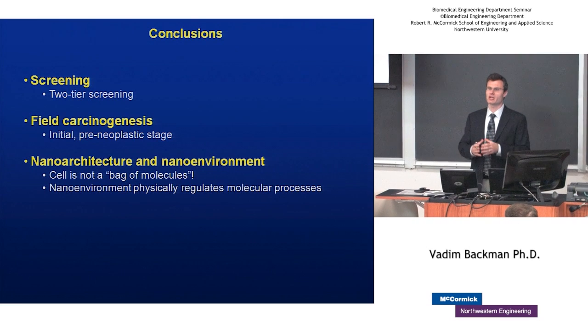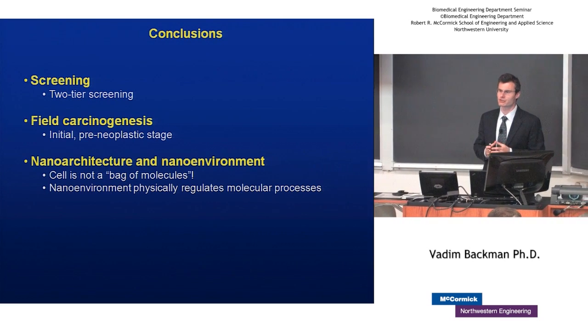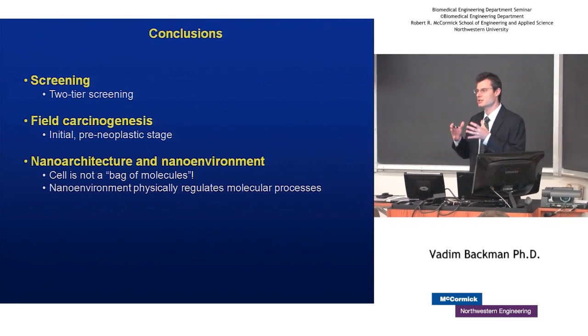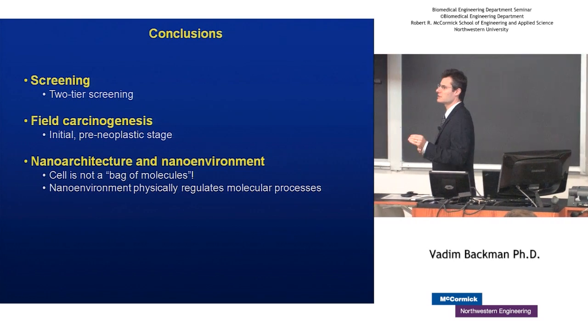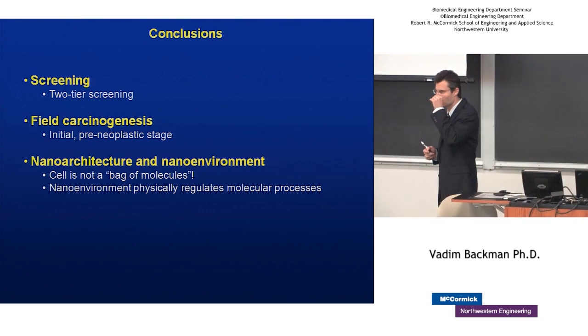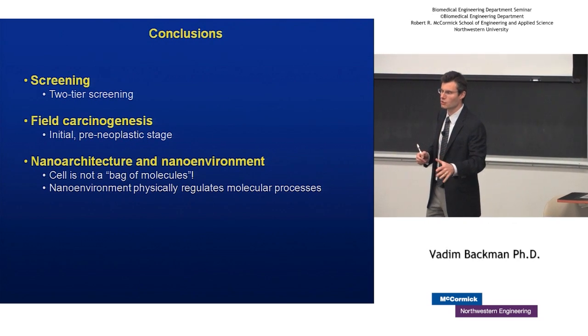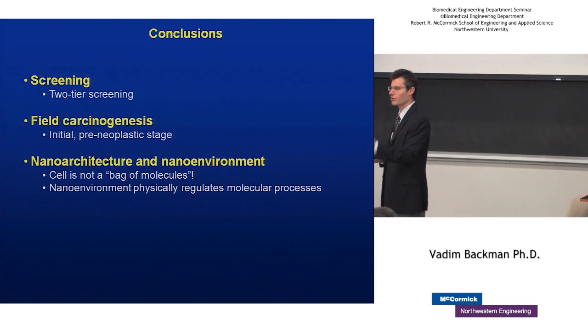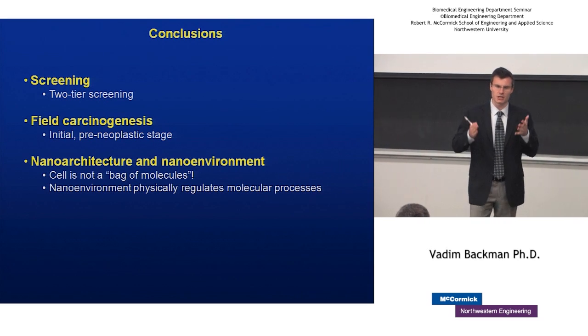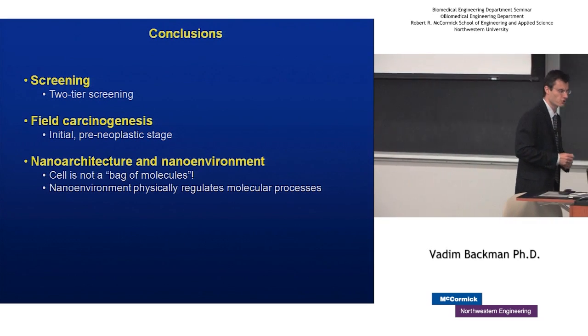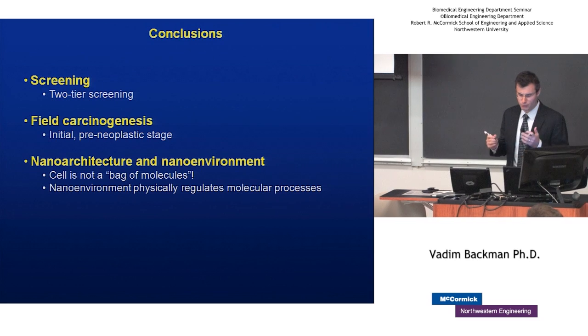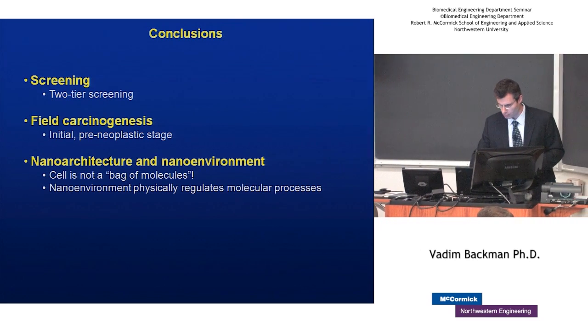All processes happen in complicated, non-structured environments, and this is an important dimension. I think this will be an important dimension in cancer research, where instead of just looking at a plane of molecular events alone, we would be able to look at a third dimension, which is the structural dimension. It plays an important regulatory role.